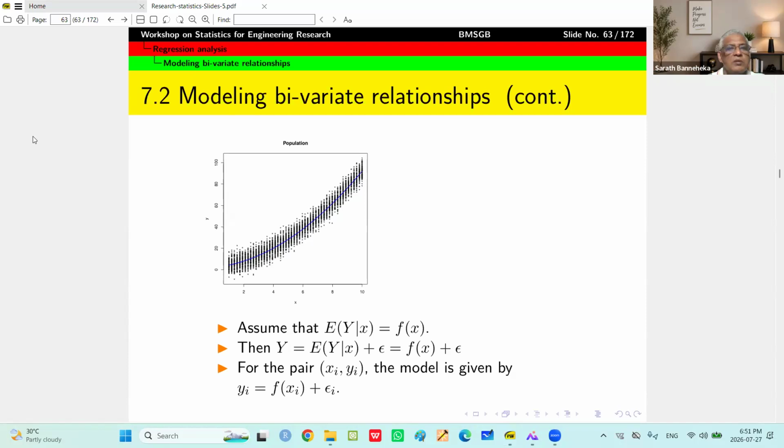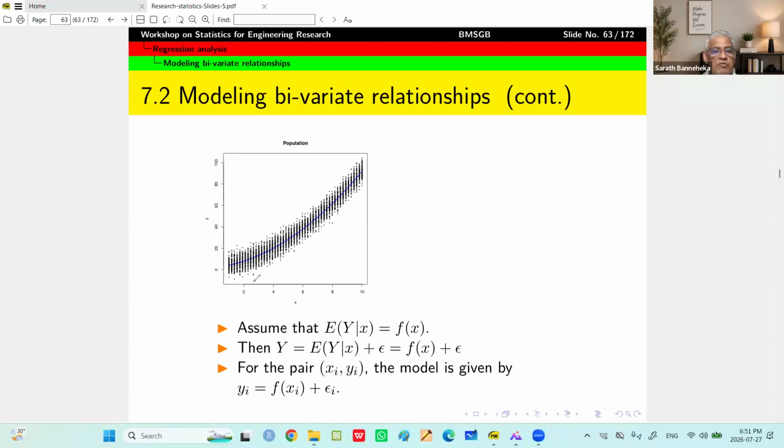Suppose you are considering a particular x value, say some value x here. So for that x, you have several possible y values. If you carry out the experiment at another value of x, it is possible for the y value to be in a certain range. Y can be any of these.